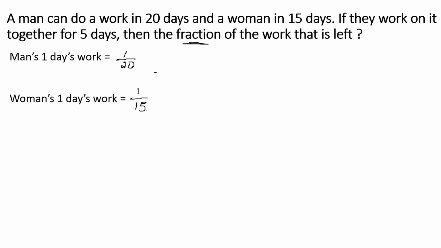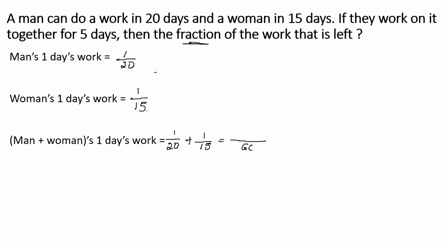So if both of them work together, their 1 day's work will be 1 divided by 20 plus 1 divided by 15. So here 60 is the LCM, 3 times 20 is 60, 4 times 15 is 60. So 3 plus 4 will be 7 divided by 60. This is the work done in 1 day.